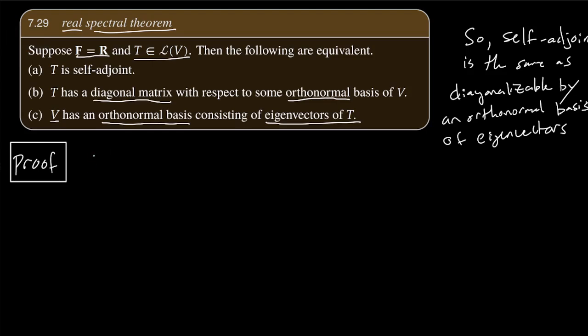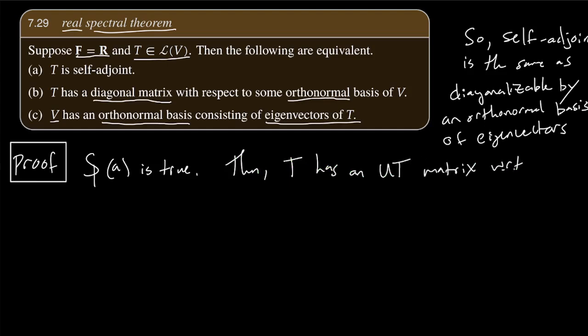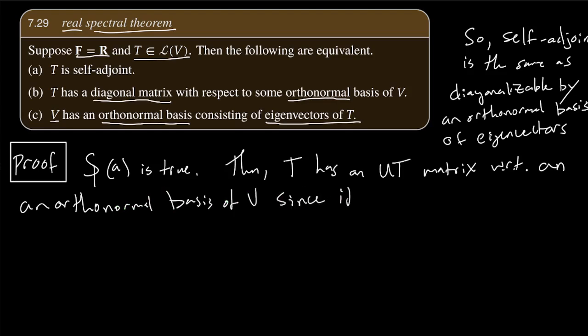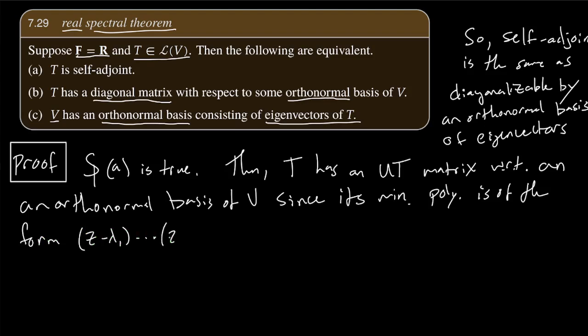So, let's start out by supposing that A is true. Then, T has an upper triangular matrix with respect to an orthonormal basis of V since its minimal polynomial is of the form that we just proved in the last result, for some lambda 1 through lambda m in the reals.